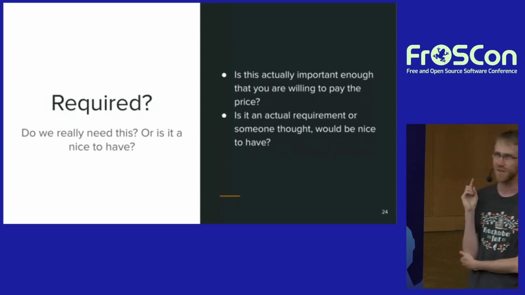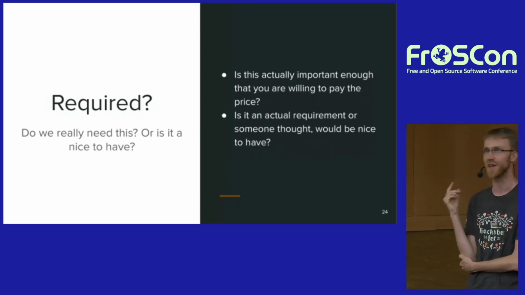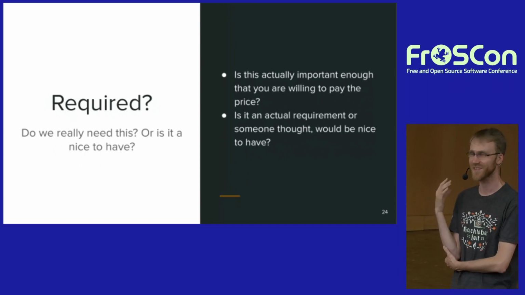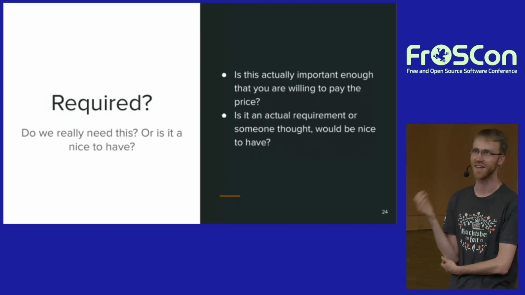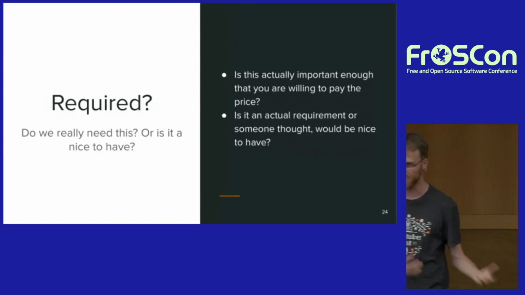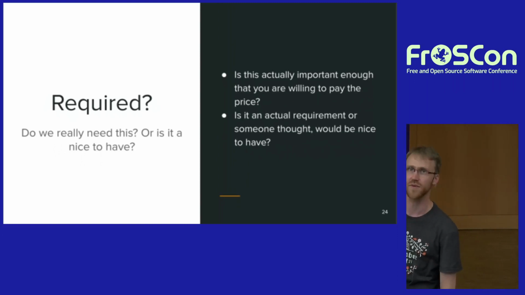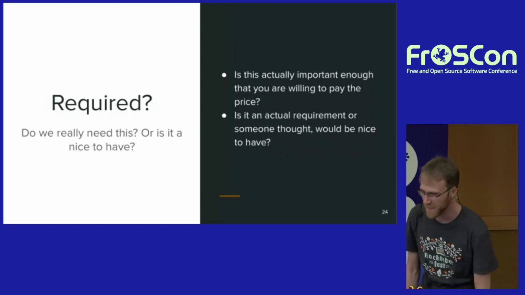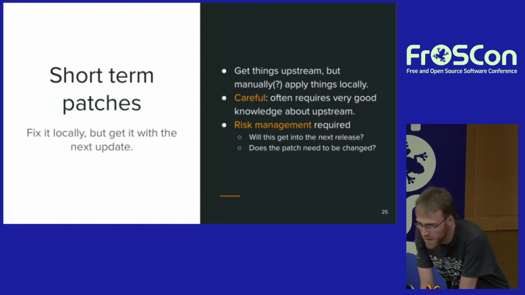And since you have to maintain this if you adopt this for a long time, and it's going to make you a lot of work, it's always good to just ask once again, is it really a requirement? But yeah, I mean, it can be.